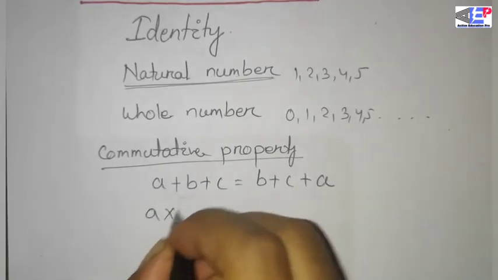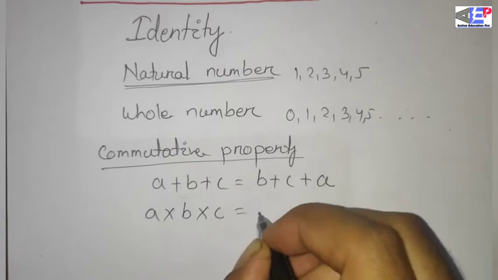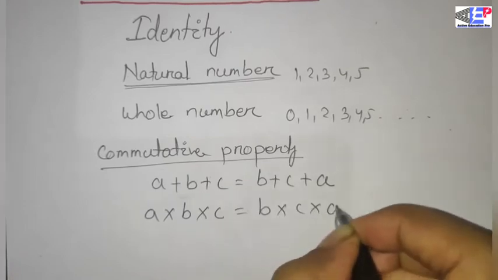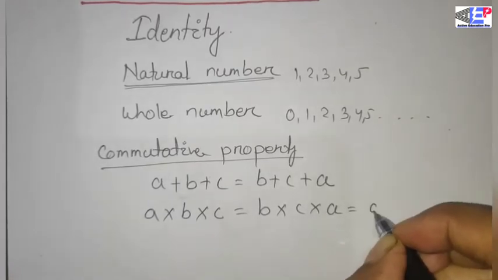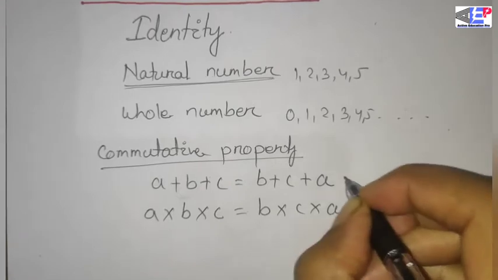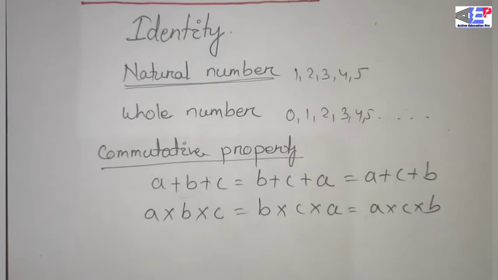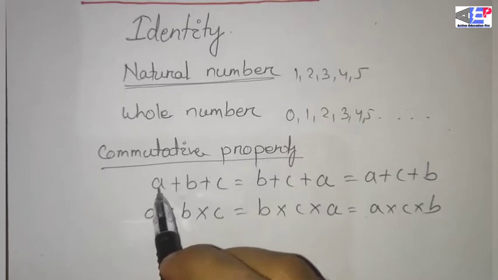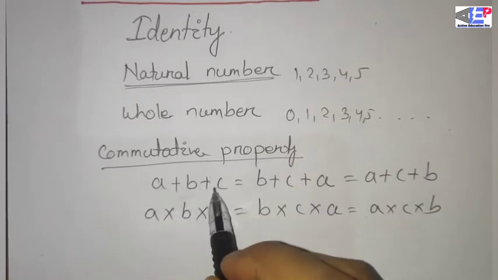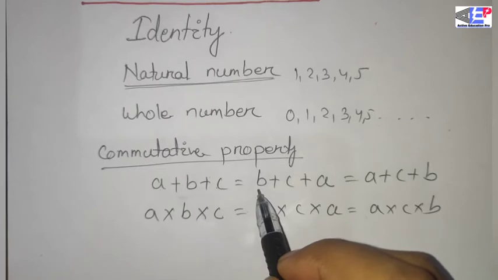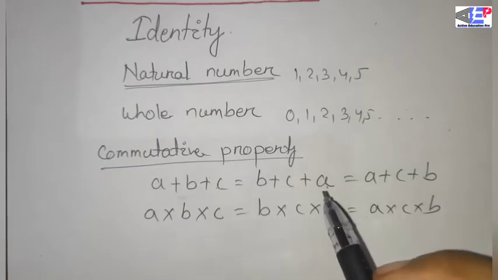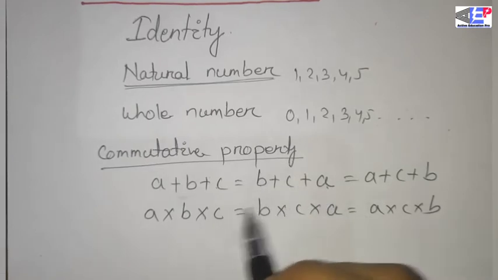And for multiplication, a into b into c is equal to b into c into a is equal to a into c into b. Commutative property means we change the order. First we add a, then b, then c, but in the second case we add first b, then c, then a.